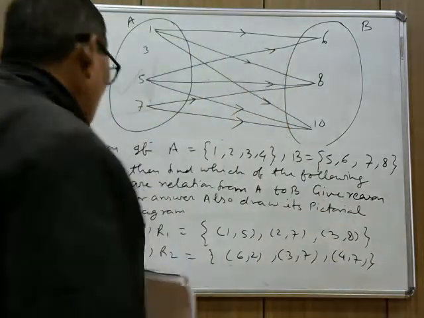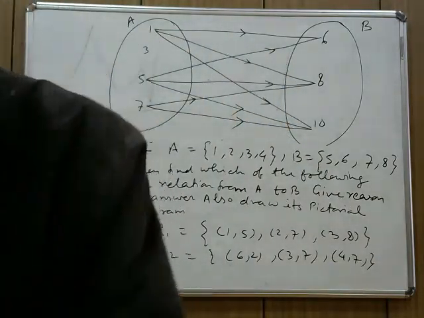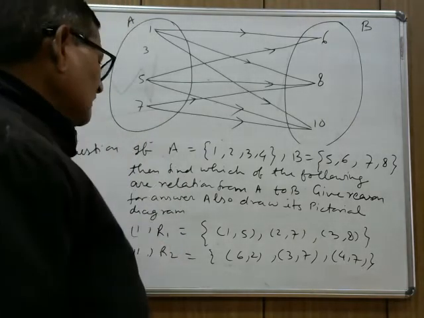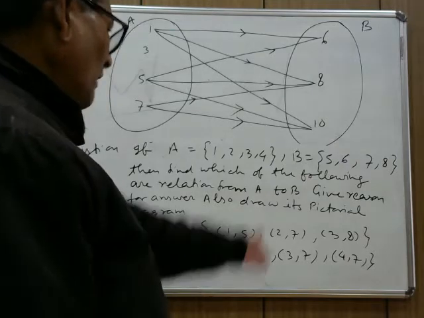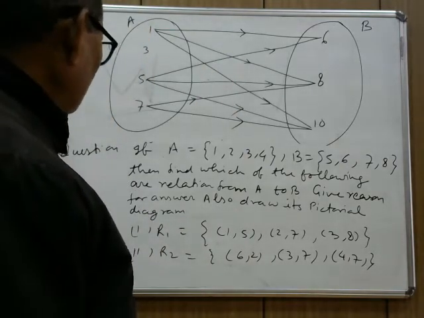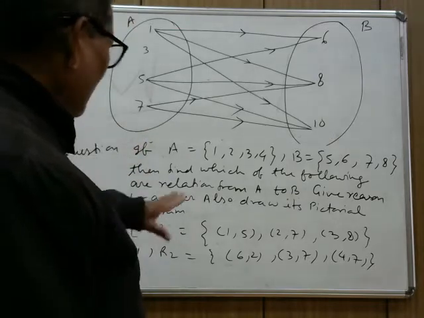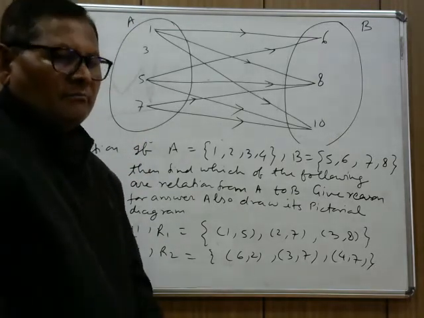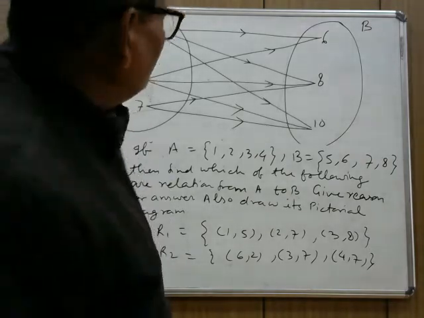Now the first part of this question is you have to find out which one is the relation and why. You have to give a reason also. And then, once you have shown that, you show that relation by pictorial diagram, meaning you show its visual representation.